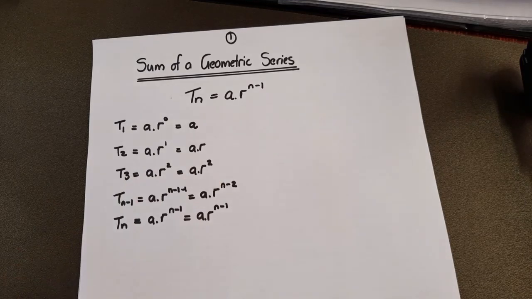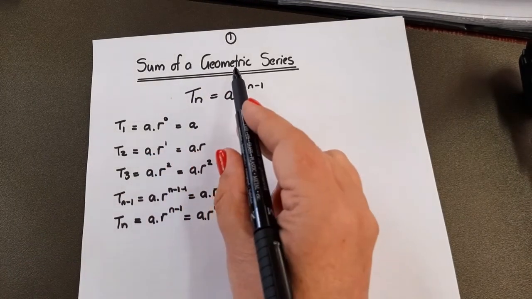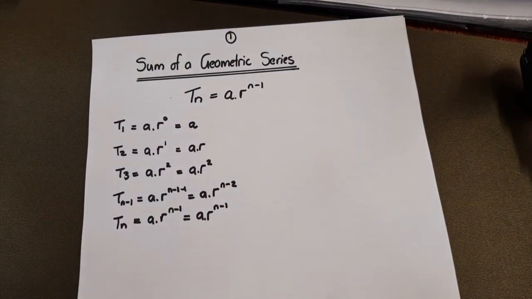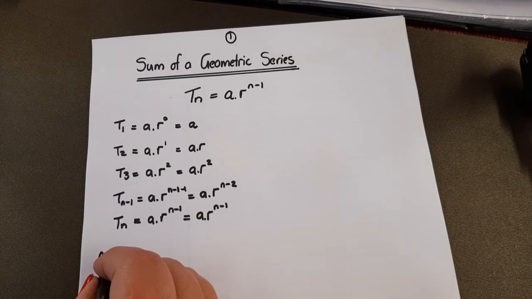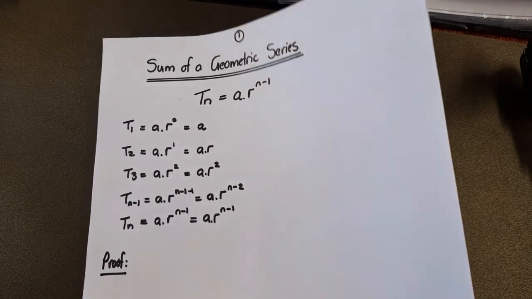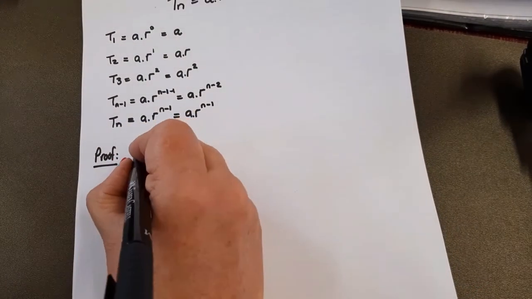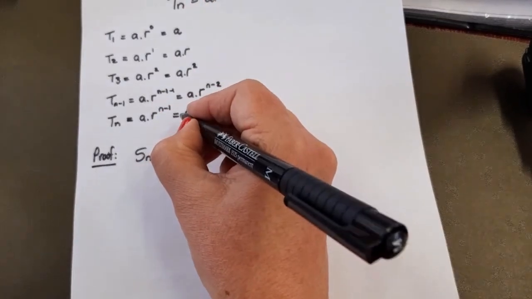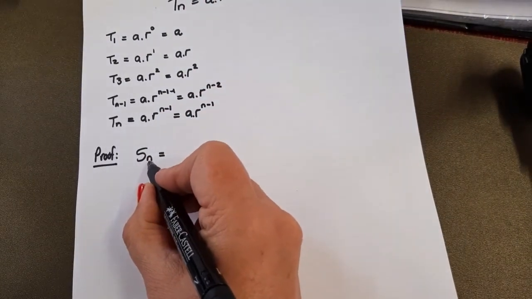And this is important for the proof of the sum of the geometrical series formula. So let's look at the proof. We need to calculate the sum of all of these terms until term n.